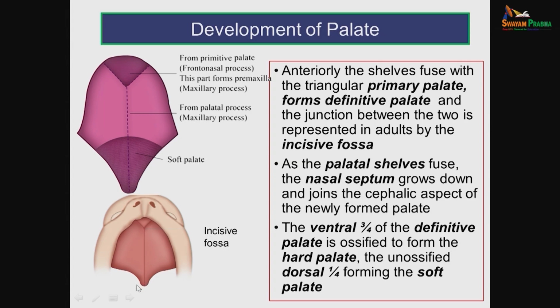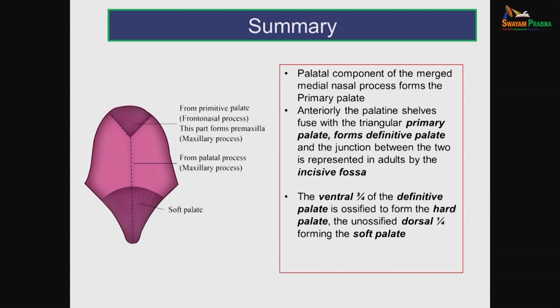The unossified dorsal 1/4 is going to form the soft palate. This is the formation of the palate, both hard and soft palate.